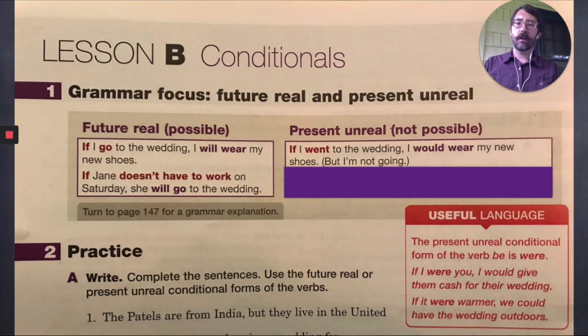If Jane doesn't have to work on Saturday, she will go to the wedding. And we see the does is the present, and it keeps the have the same, and will go. And we're not going to always have does, as you can see in the first sentence, but only with verbs like have, where we're going to add the does.